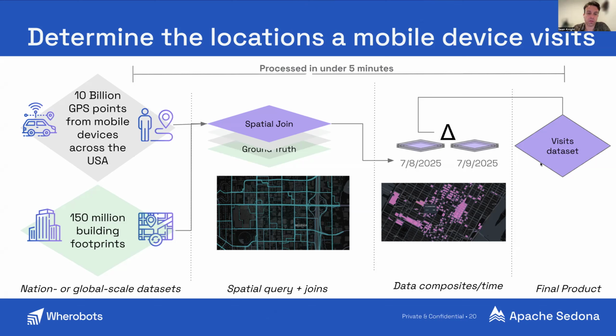You have large amounts of mobility data as GPS points, all of it time stamped, all across the country, and you need to join it to building polygons. So you want to know, who visited this building, or how many people visited this building at this time of day or over this span of time. So you might add in a temporal aspect there. You might have some sort of ground truth data going into the pipeline. And then at the end, the output is this data product, this visits data product.